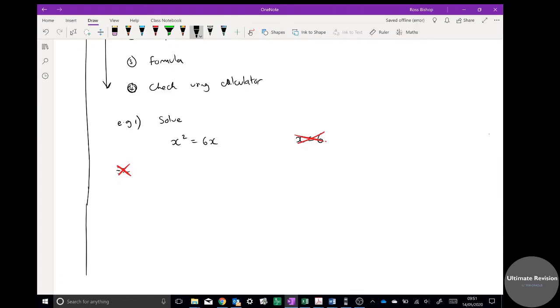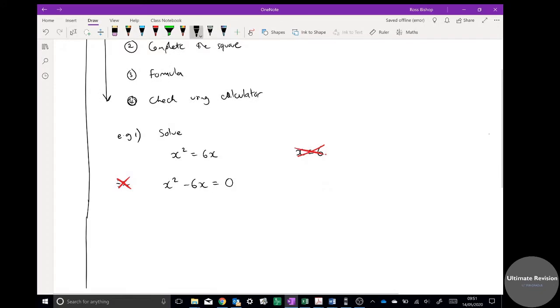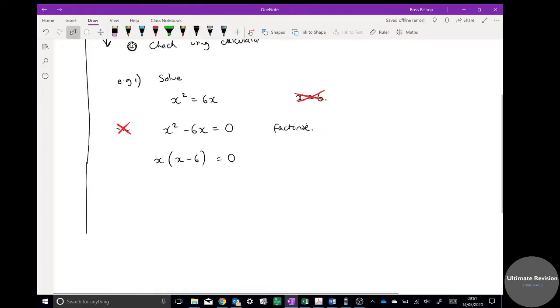The third thing you should do is get it equal to 0. And then you can choose any one of these options, but this one does factorise quite nicely. So then factorise, and that means you can take x out. Okay, and then either x will equal 0 from that solution or that bracket, or x minus 6 must equal 0, because one of them's got to be 0 in order to get 0 as an output.